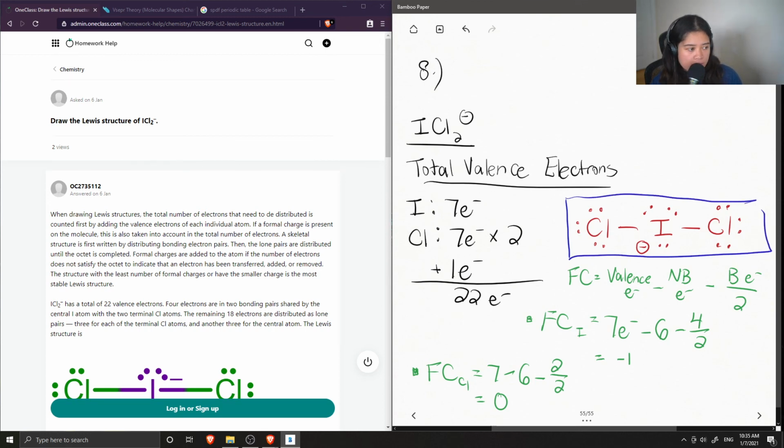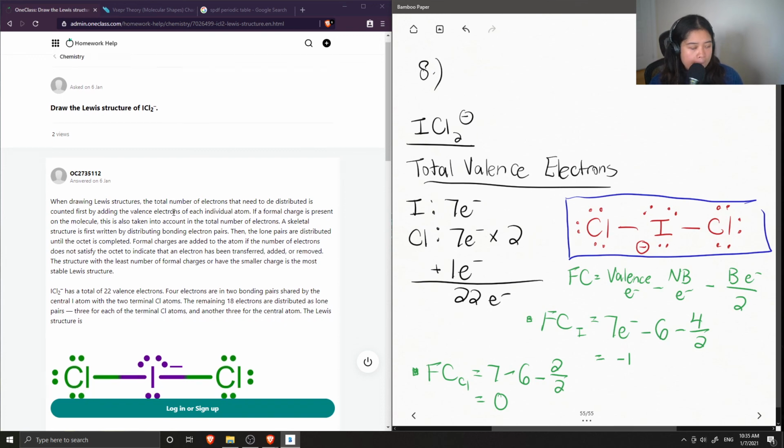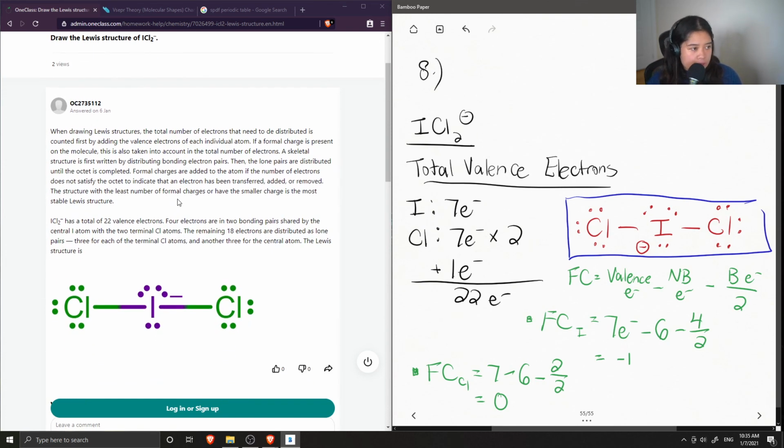So let's see what the junior tutor said. When drawing Lewis structures, the total number of electrons that need to be distributed is counted first by adding the valence electrons of each individual atom. If a formal charge is present on the molecule, this is also taken into account in the total number of valence electrons.